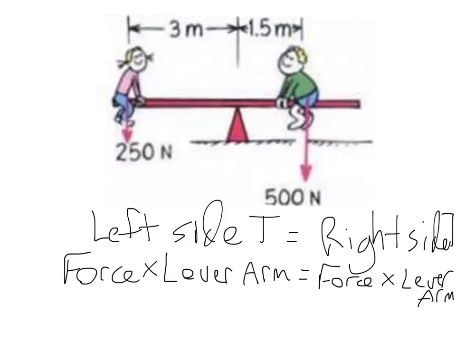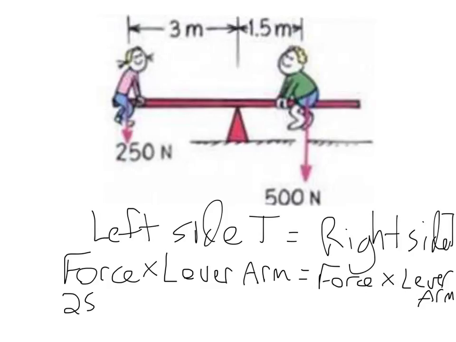And if you look at the picture, they're nice enough to give us both a force in newtons and a lever arm length in meters on the left side. On the right side, a force in newtons and a lever arm in meters. It's simply the product of those two. So let's see if this checks out.